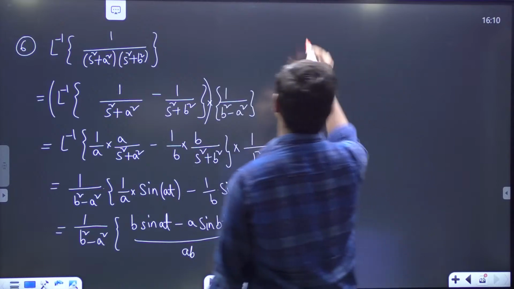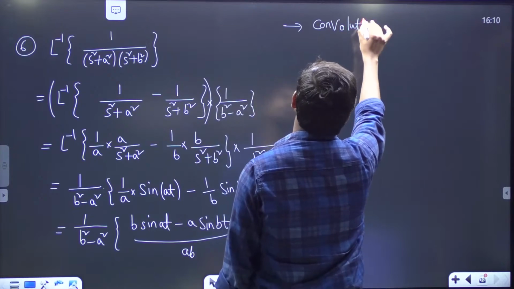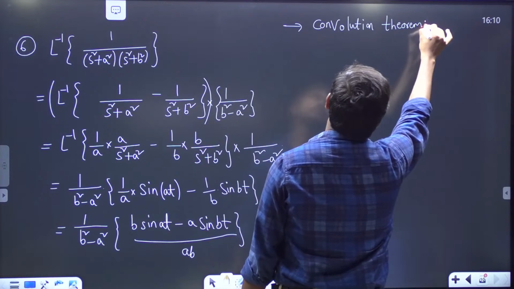Okay, so now we'll go for something called the convolution theorem.